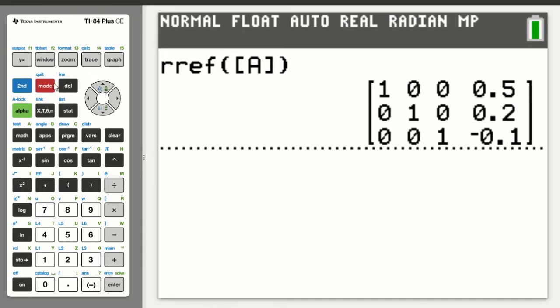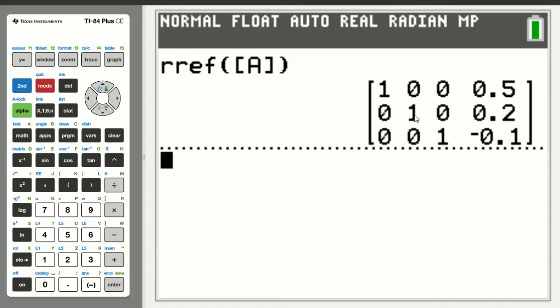You can see that A is 0.5, B is 0.2, and C is negative 0.1.